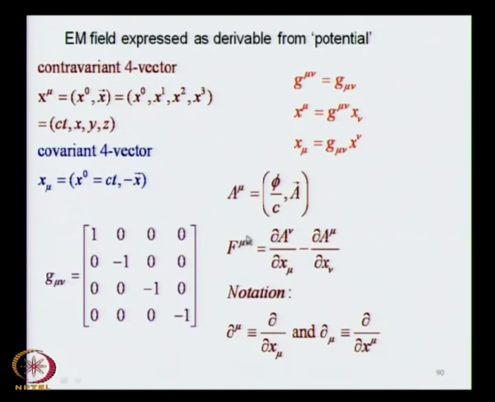So as you can see, here you have the derivatives of A mu, and A mu itself is a 4 vector. The 3 components of what we call the magnetic vector potential, and this is the electric scalar potential. Together they give you 4 components which are A mu, which are of course A0, A1, A2 and A3, and these are derivable.